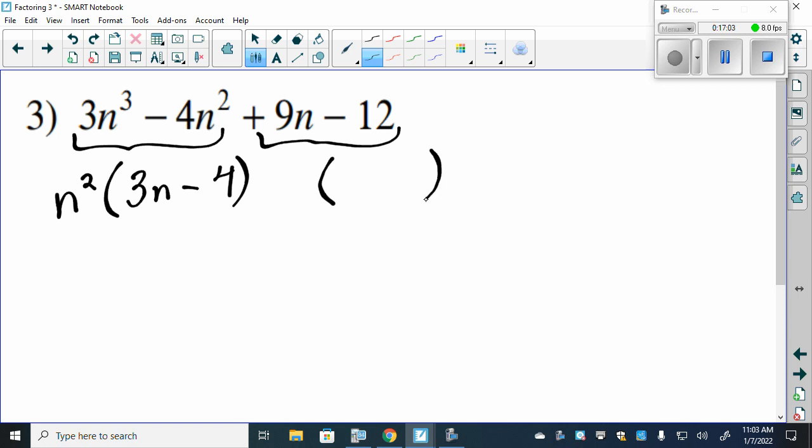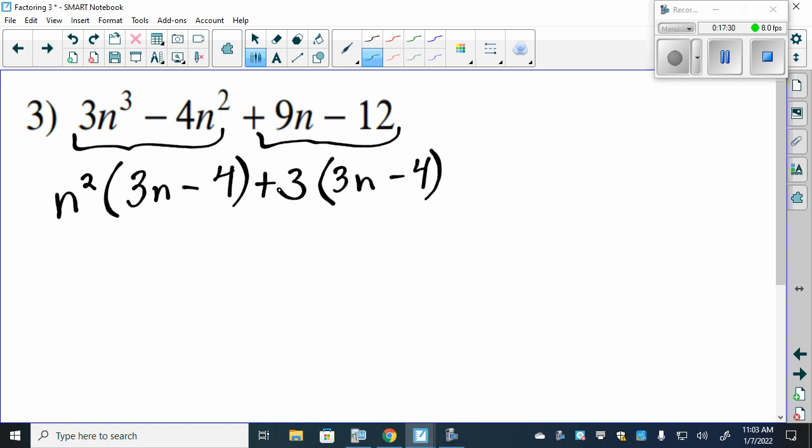So for the second one here, what do we need to have inside the parentheses? We need this to turn into 3n minus 4. So if I factor 3 out of 9n, I would get positive 3n, yes? And if I factor 3 out of negative 12, will I get negative 4? Yeah, so we can factor out positive 3.